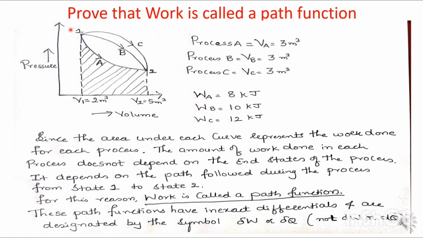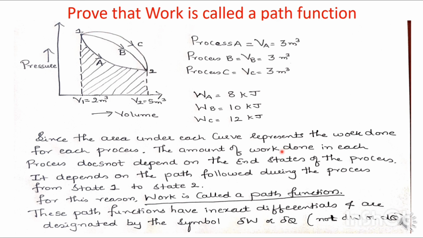See here, this area is different. If the system reaches from state 1 to state 2 through this path, the area is different, which means the work done is different. Through this other path too, the area under the curve is different, so definitely the work done will be different.